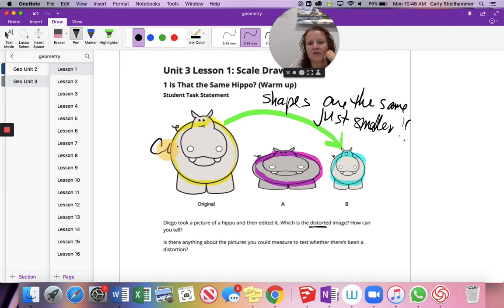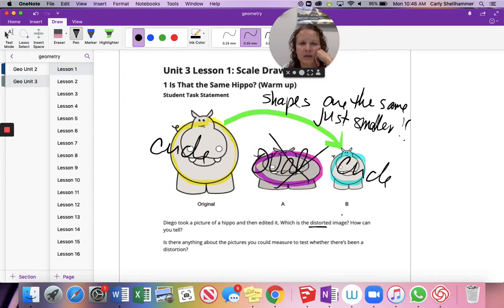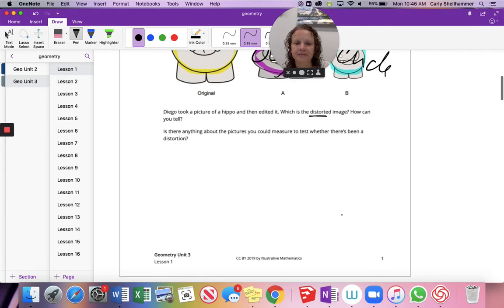Okay, we have a circle and a circle, and then an oval, right? So you can't be similar if you change shapes. If you have the same shape and just the size is changed, they can be similar. But if you're going from a circle to an oval, not much similar about that.